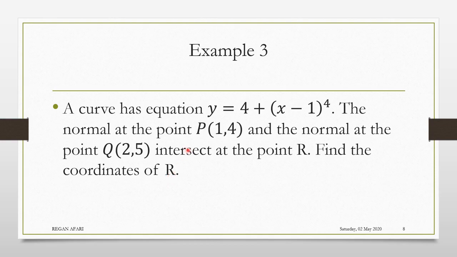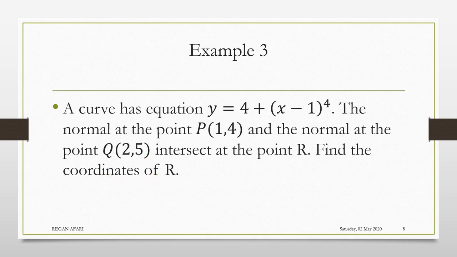So the thing is, you take point P, find the equation of the normal for point P, all right? Then you take point Q, find the equation of the normal for point Q. Then you solve the two equations simultaneously. The x and the y values will form the coordinates of R.